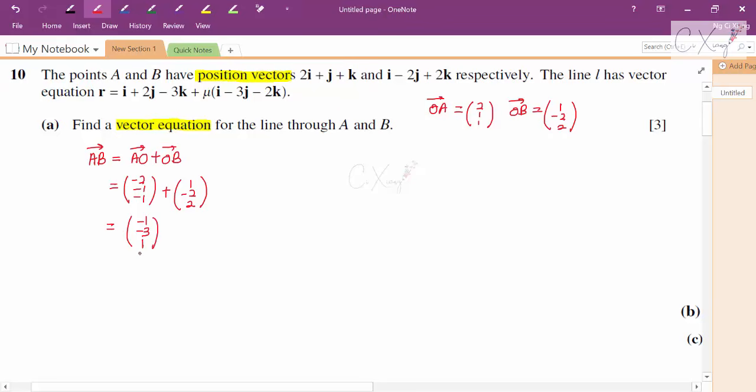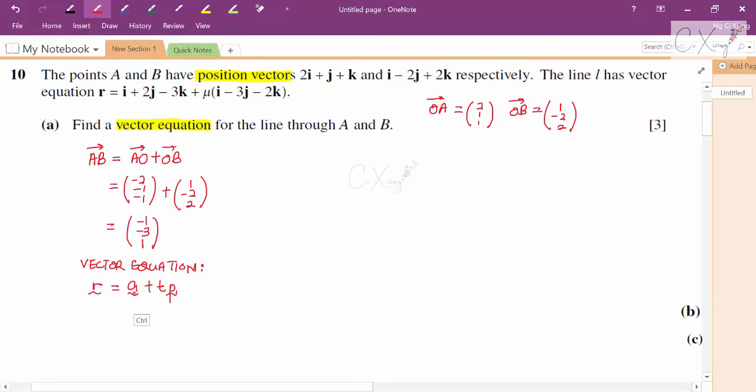Right, so for now I'm finding out AB. If we want to use BA as the direction, then you will get 1, 3, and negative 1 for this answer. Okay, then we want to form the vector equation. The general formula will be r equals to a plus tp, right?